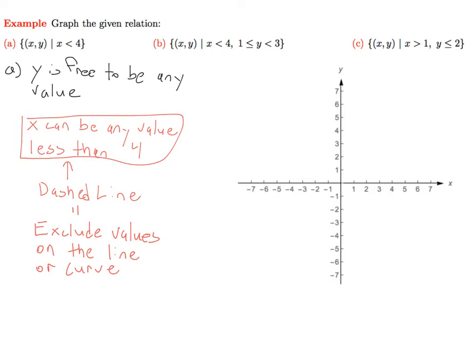So x equals 4 is over here. We're going to put a dashed vertical line through that. And now what we know is that x needs to be less than 4. So it's going to be all values to the left of this line.